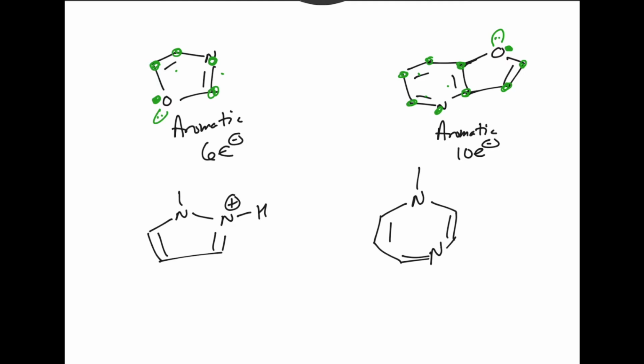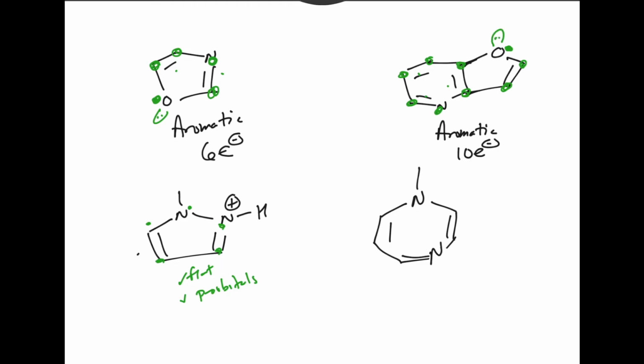Bottom left. Bottom left is actually aromatic. So everything has a p orbital, right? Here, here, here, here, and here. So we're good on p orbitals, so it's flat and has p orbitals.